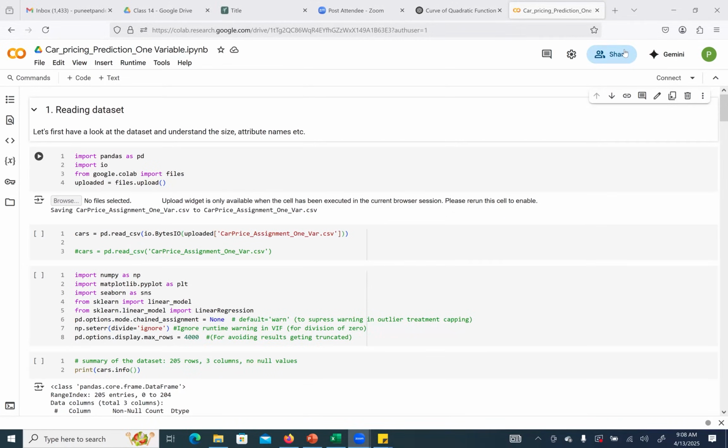Open the code in the Colab or Jupyter Notebook, whatever you're comfortable with.